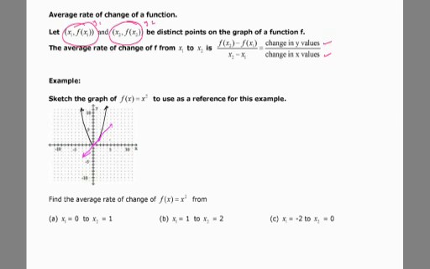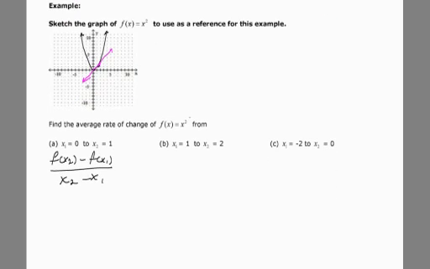Now this graph is kind of small, so it's sort of hard to visualize, but I've got 2 points, draw a secant line, and I'm going to calculate basically the slope. Well, the formula says it is f of x2 minus f of x1 all over x2 minus x1.